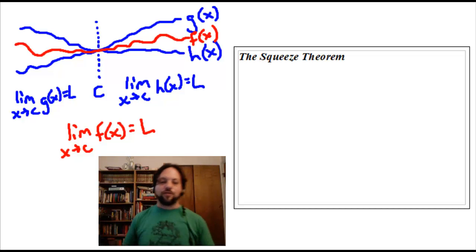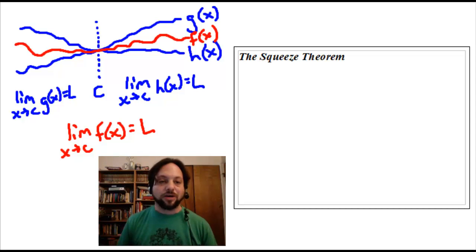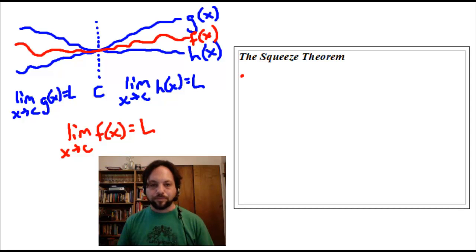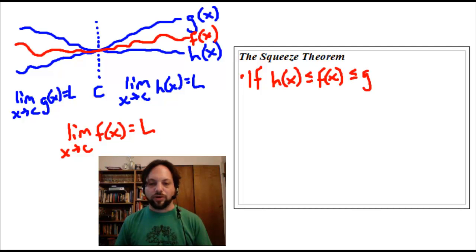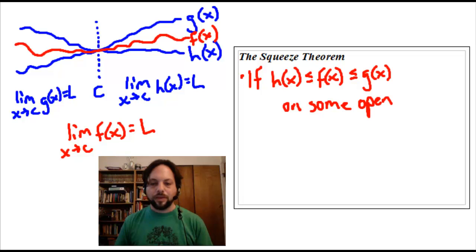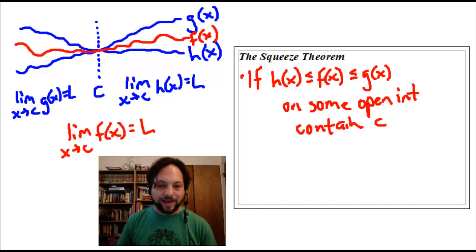So let's go ahead and formalize this because it's really hard to tell a math story when you're taking the AP exam. So let's put it like this. Let's say if we have a function h of x, which is always less than or equal to f of x, which itself is always less than or equal to g of x. And again, this is on some open interval. And that open interval must contain c. And that is an x value, c.